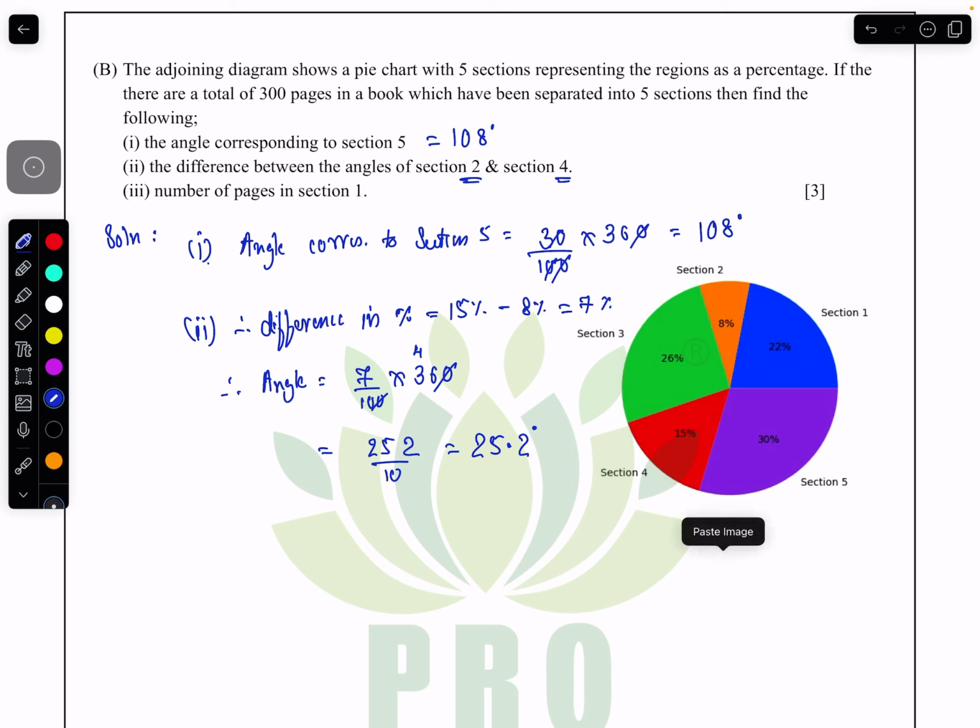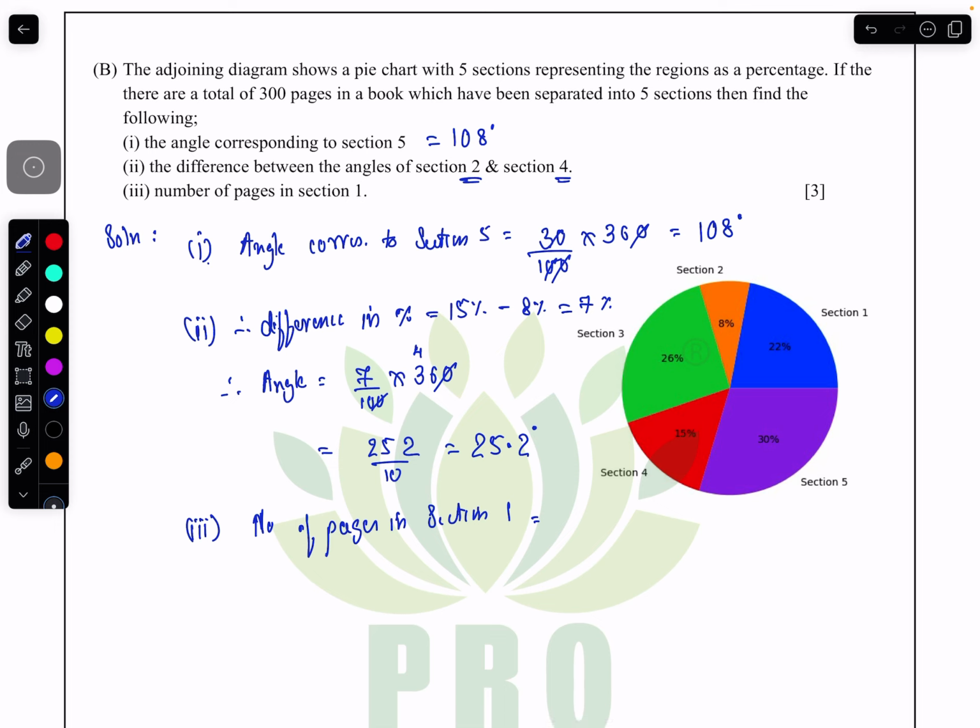The number of pages in section 1. So our section 1 has got 22%. So we'll figure out 22% of 300. So we will write here number of pages in section 1.